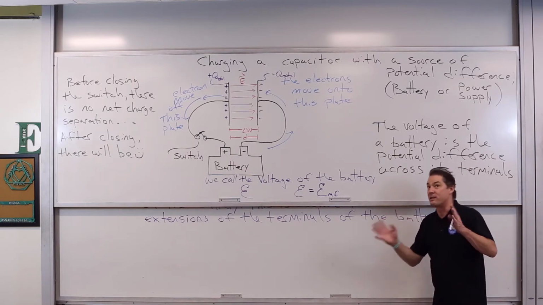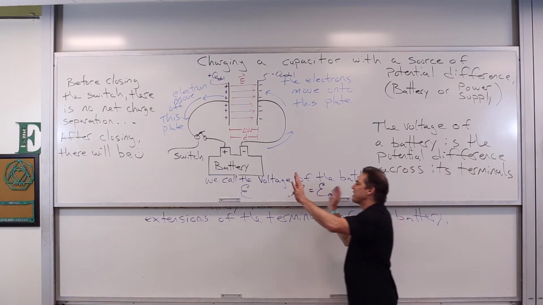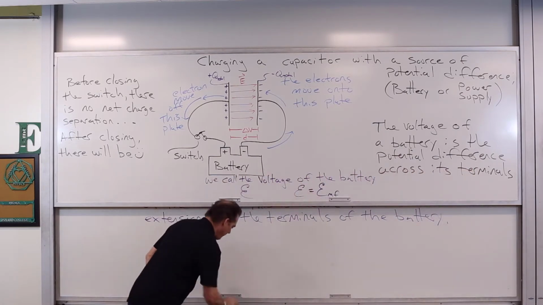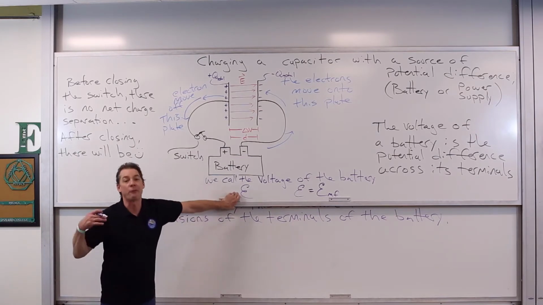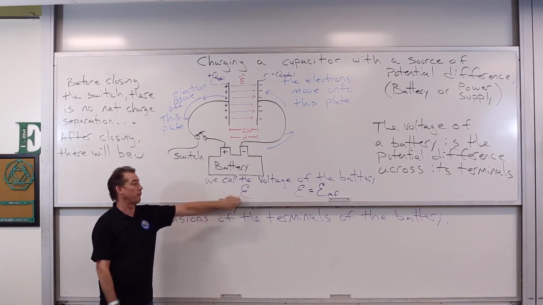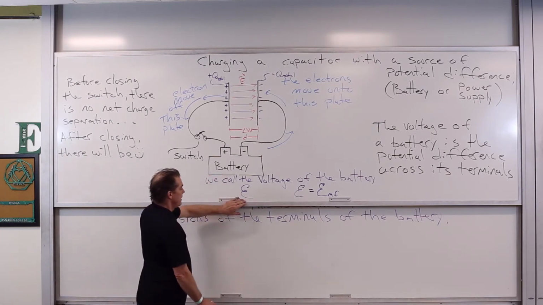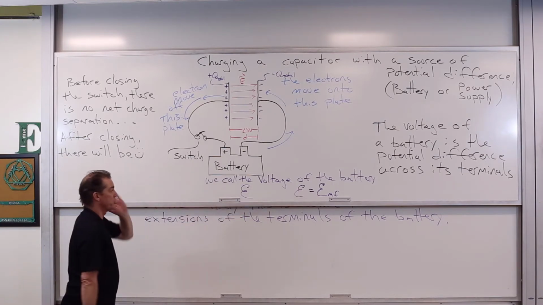Batteries have internal resistance. We haven't gotten into anything like that, so we're just going to assume this is kind of an idealized case where the EMF, or this script E here, the potential difference of the source, is equivalent to the voltage of the source. So if this is a 1.5 volt battery, this is equal to 1.5 volts. 6 volt battery, this is equal to 6 volts.